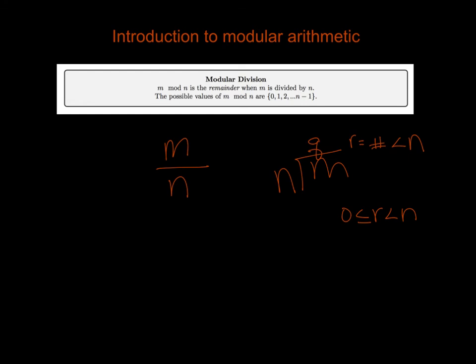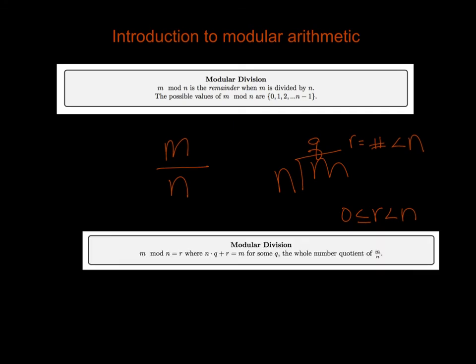I also want to make an important note here that all values that I'm going to talk about in this video refer to integers. So when I say a number, I'm actually referring strictly to an integer for this video. An equivalent way of writing this is to say that m mod n, which is also known as modulo, is equal to r, where r is this remainder.